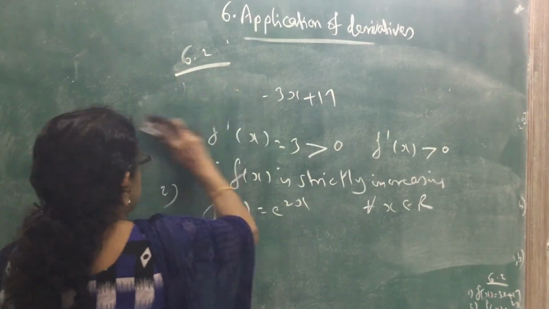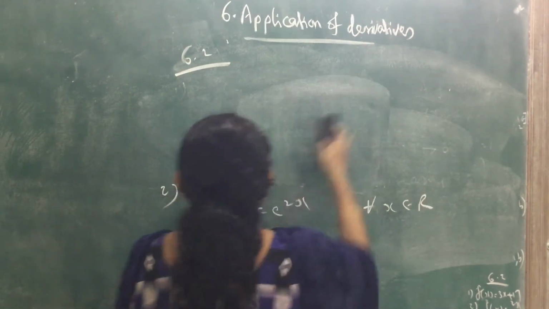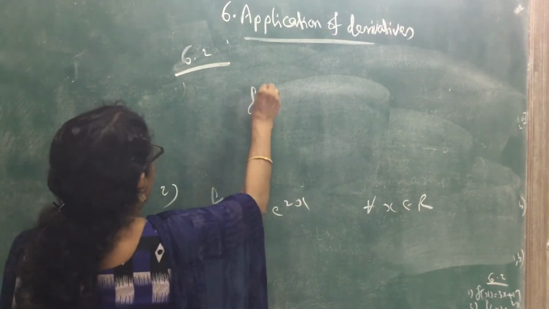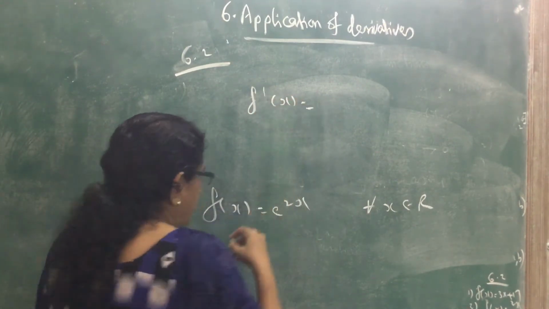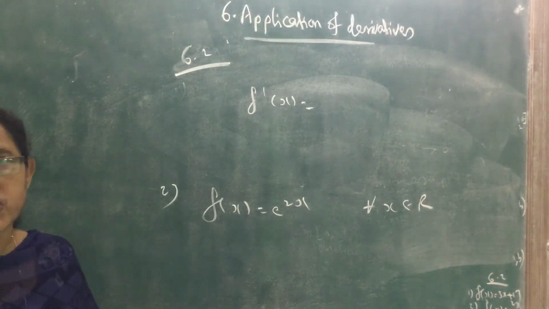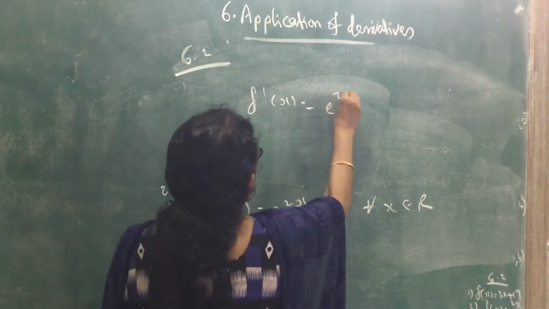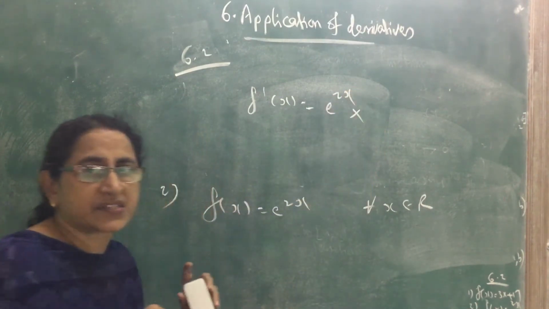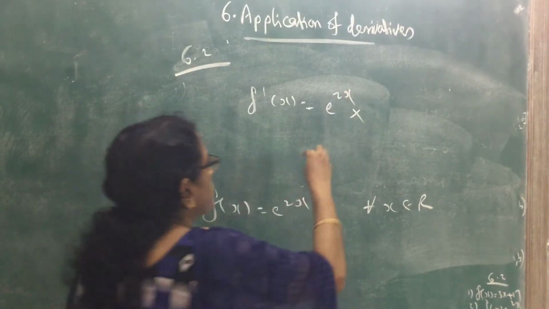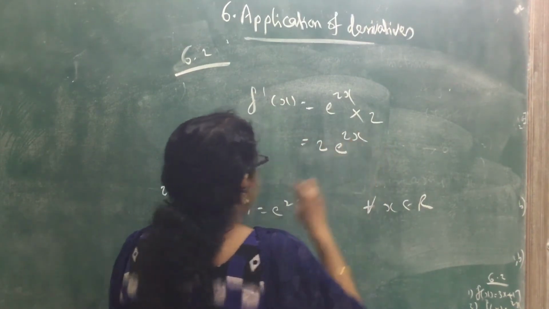So f dash x equal to the derivative of e raised to 2x. What's the derivative of e raised to x? E raised to x. So what's the derivative of e raised to 2x? E raised to 2x into the derivative of 2x, that is 2. So f dash x equal to 2 into e raised to 2x.